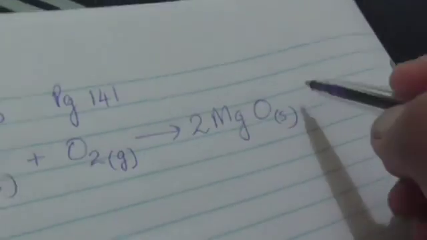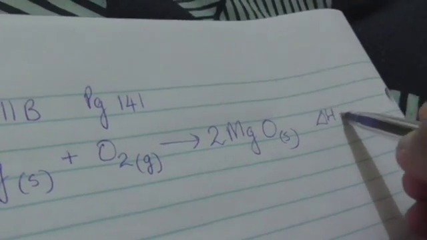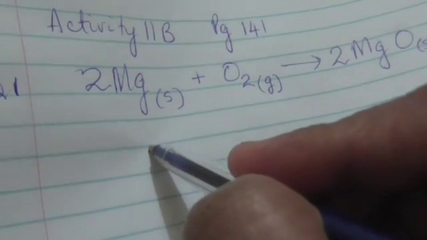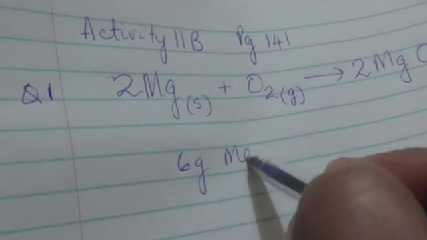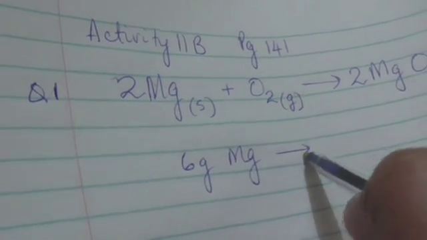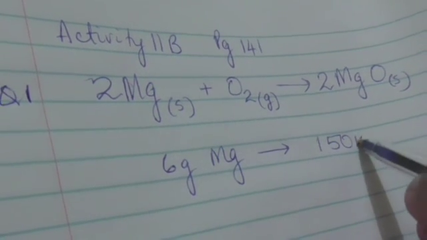Okay, so we don't know the delta H for this reaction, we're not given this. Whereas what we are given is that if you had used 6 grams of magnesium, the amount of energy that would be released is 150 kilojoules.